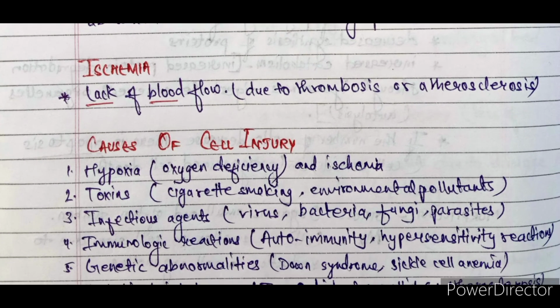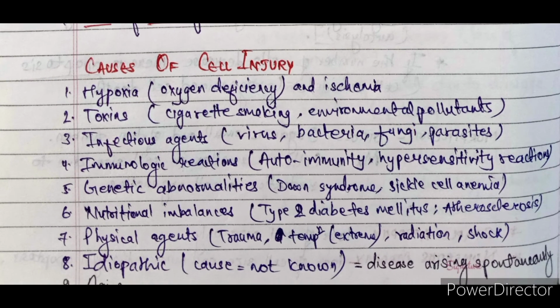So now let's see ischemia. It means lack of blood flow due to thrombosis or atherosclerosis. Now let's come to cell injury. In the first video of pathology, I have already discussed all the adaptations, cell injury, and reversible as well as irreversible injury.